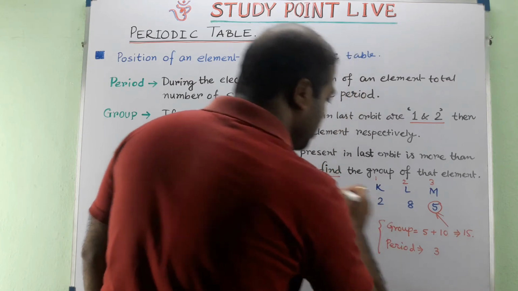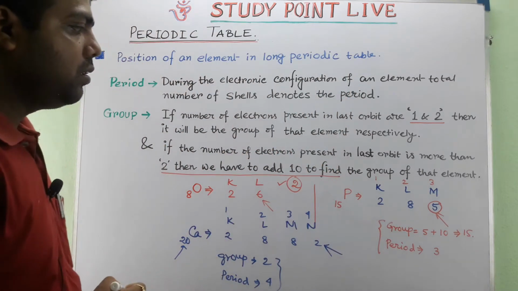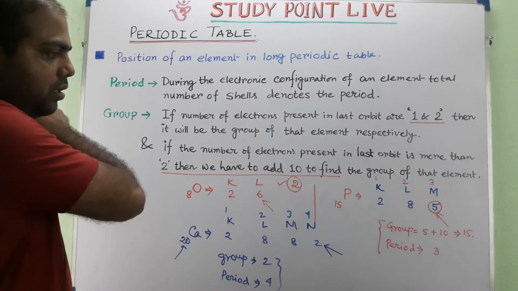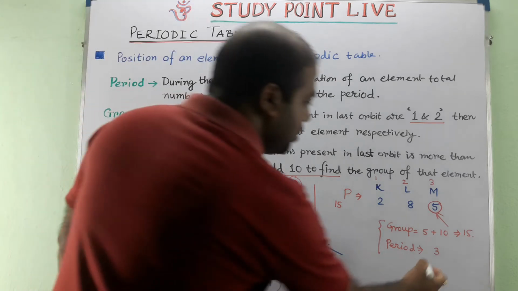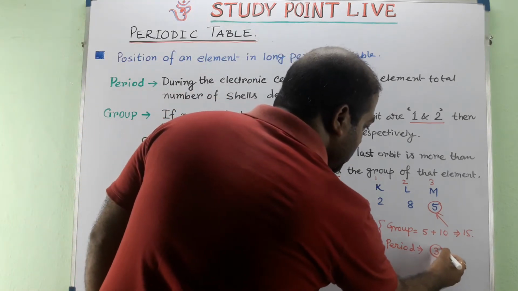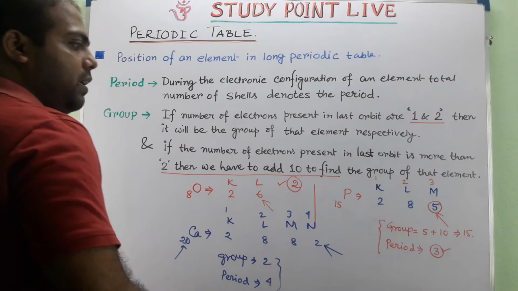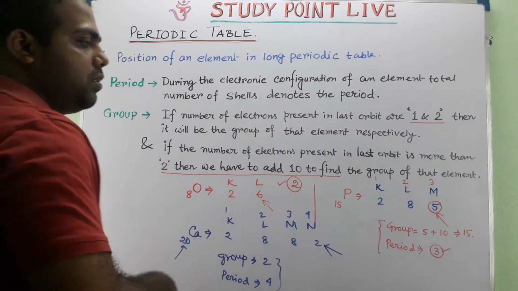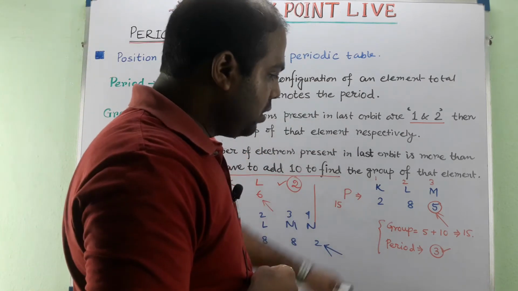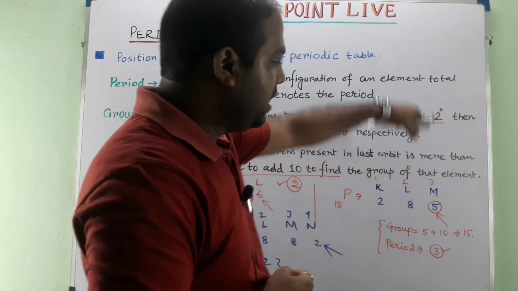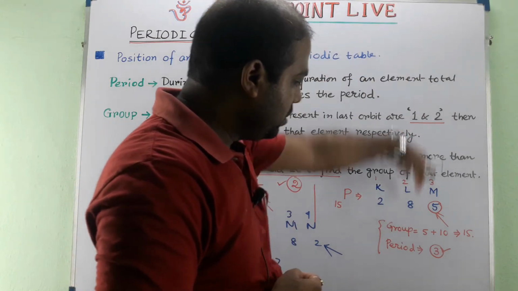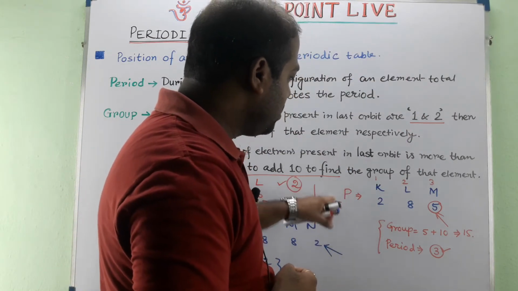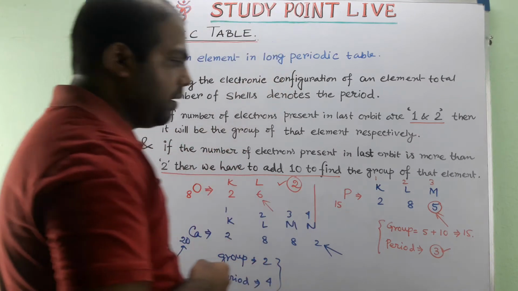Therefore, when we go through the period on the third level, and when we go along the group, then on the 15th group phosphorus will be there.